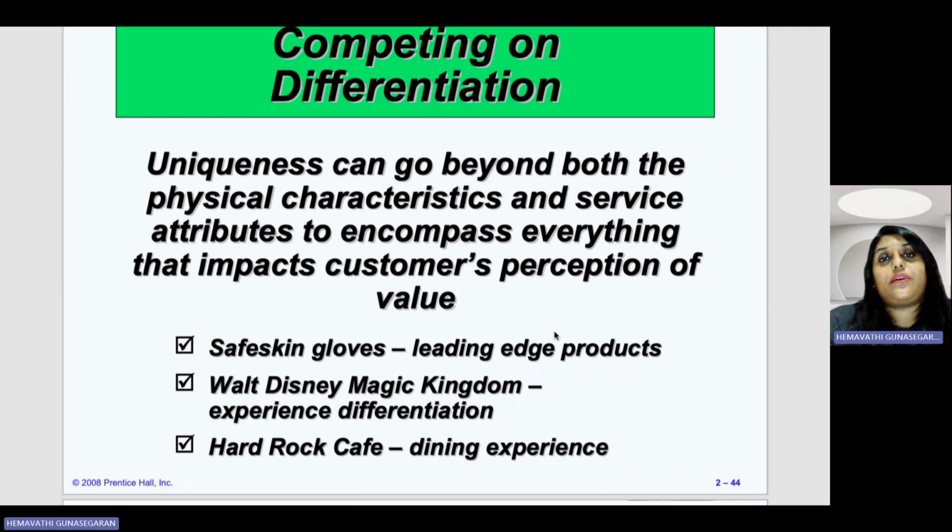When you want to compete on differentiation, whenever you want to expand your business to the global world, you know that this product is available in other countries as well. Let's say you want to make a water bottle. You know that a water bottle is something very common, something that has been there for decades and years, right? So when you want to create a water bottle business, you need to ensure that your water bottle is going to have some added value.